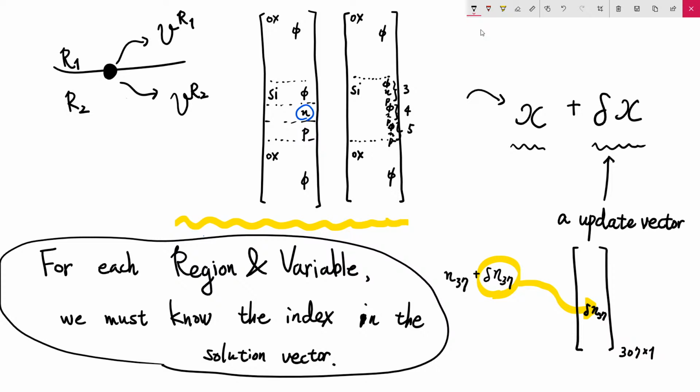That was the first point. And the second one is, if you have multiple variables, then the arrangement in the solution vector x really depends on your choice. You have a freedom to do it any way. But the point is, now you must keep the information about your solution vector index.